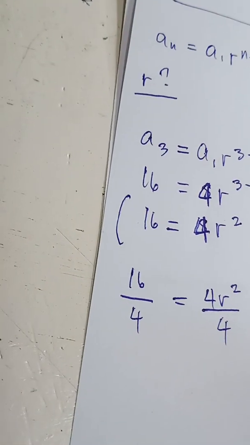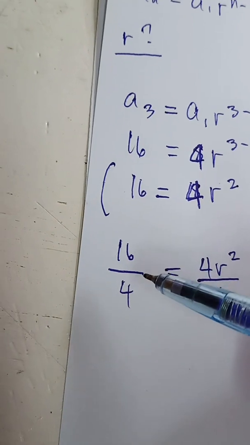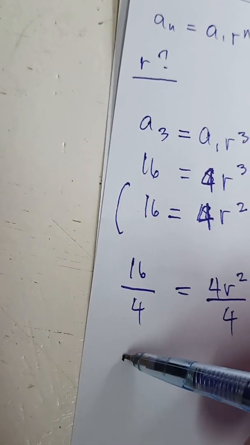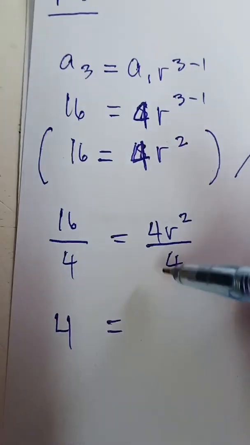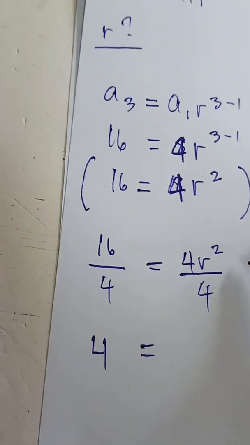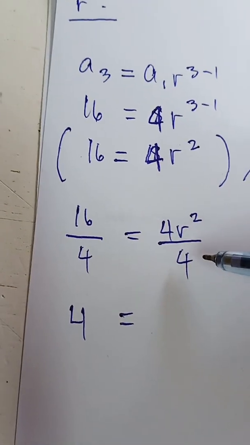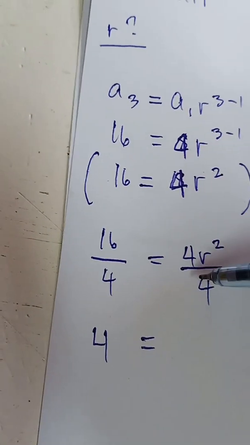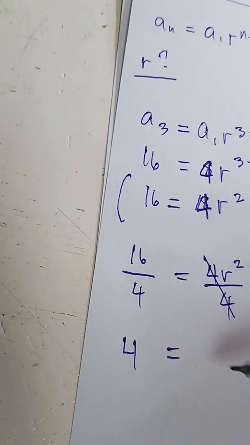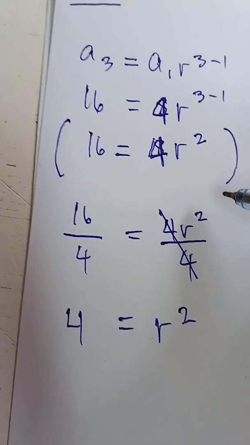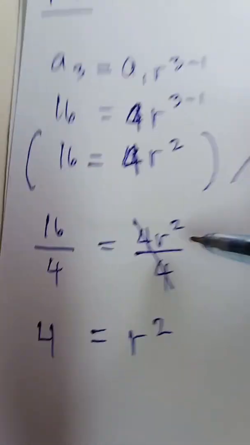Okay? Alright. So let's begin with the left-hand side. 16 divided by 4 is 4. And then the right-hand side, if we answer this one, magka-cancel ka dito ng 4. Matitira na lang ay r squared. So paano nangyari yung cancellation?